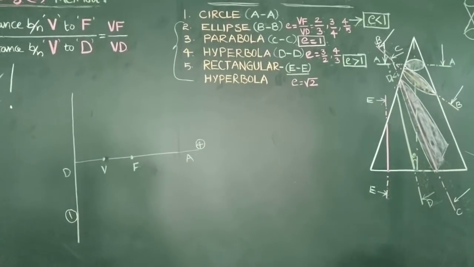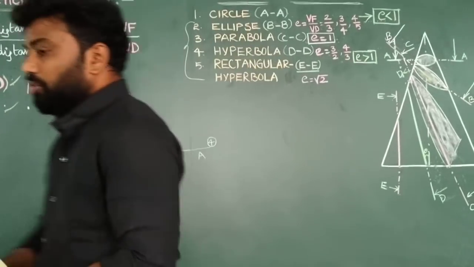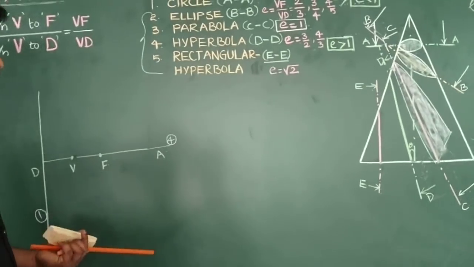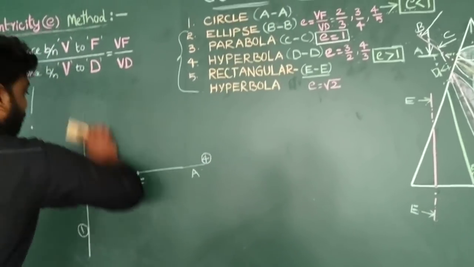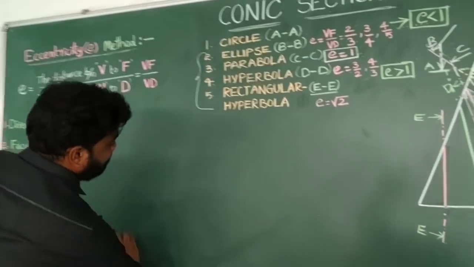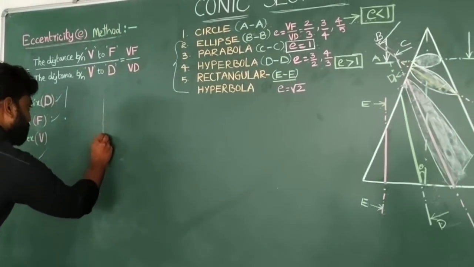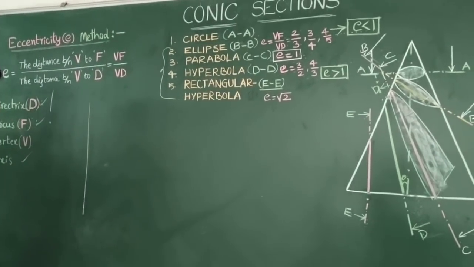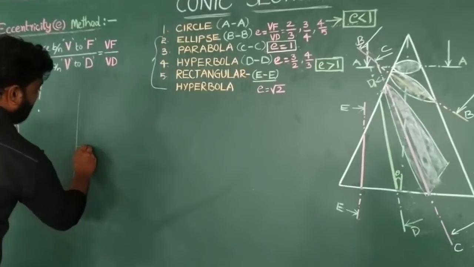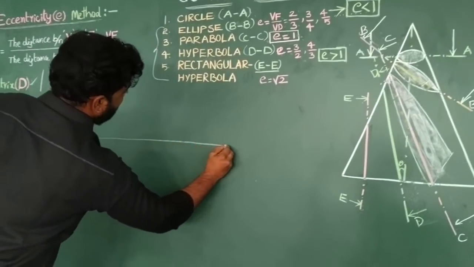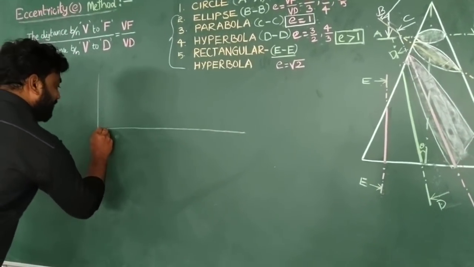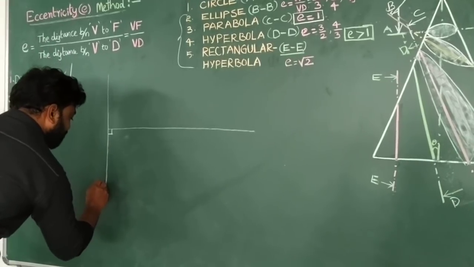And let me show you the vertex points for the different conics. Suppose this is the fixed vertical line, that means the directrix, and here this is the axis. Always the axis and directrix are mutually perpendicular to each other.